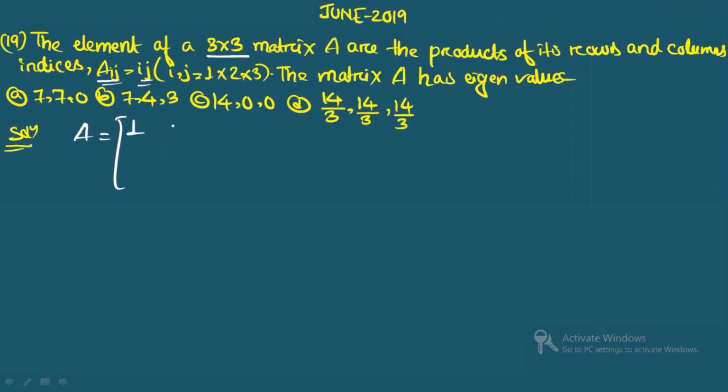So this is A11, so it is 1. 1 2 is 2, 1 3 is 3. This is 2, 2 2 is 4, this is 6, right? This is 3, this is 6, and this is 9, right? This is the matrix.